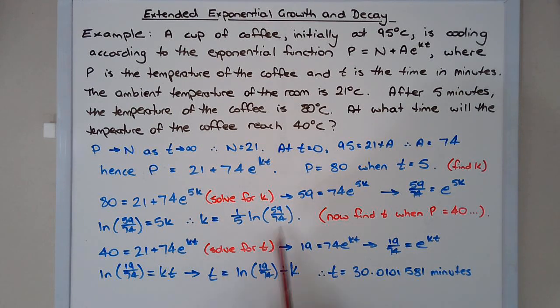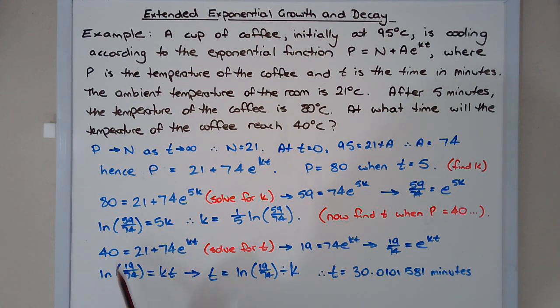So now that we've found the growth constant, next we need to find the time t when the temperature equals 40 degrees. So we'll substitute P equals 40 into the formula now that we have our value of k, and we're going to solve for t. So 40 equals 21 plus 74 multiplied by e to the power of kt.